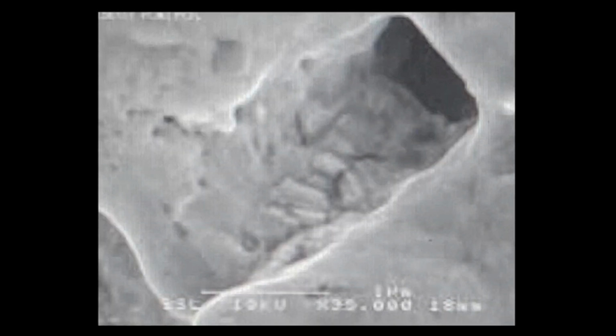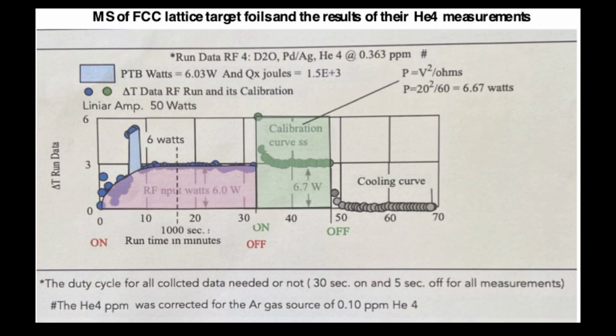PD target foil example in the FCC palladium lattice where all these lattices produce craters from their ejecta. Palladium, a FCC target foil where helium was found. RF4 input 2 megahertz, about 4 times 10 to the 14th helium atoms measured by Malcolm Fowler's mass spec.